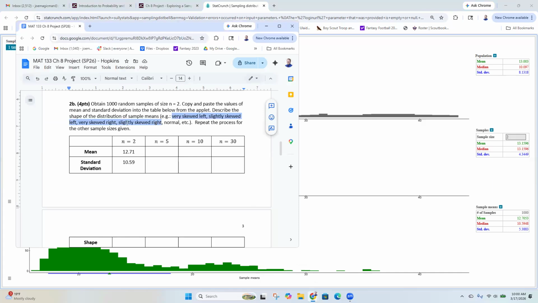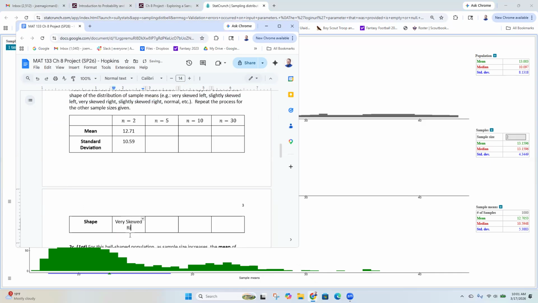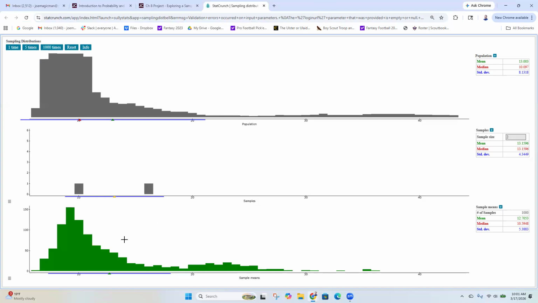Is it very skewed right or slightly skewed right? I think it is very skewed right. My mean and my median are still 2 apart. Maybe yours aren't, but I still have a huge tail out here. So, very skewed right.